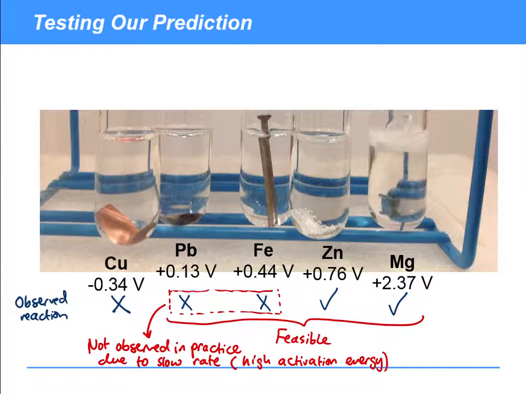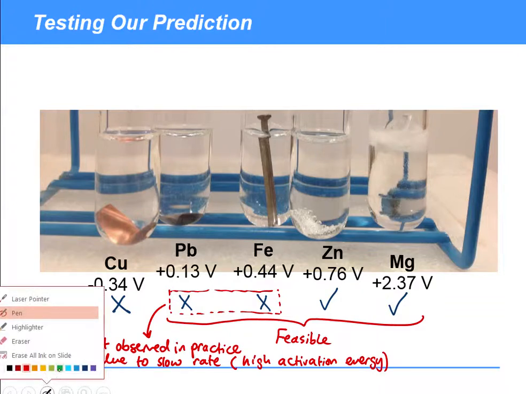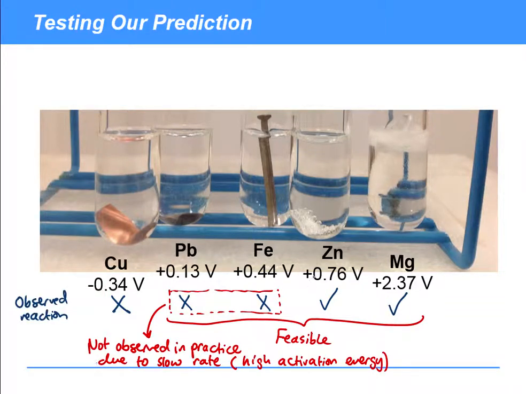However, if we look carefully at these numbers, what we can see here is that the reactions which have got the biggest E cell value, the most positive, are actually happening. So there does seem that there is some kind of relationship between the size of the E cell and the reaction.